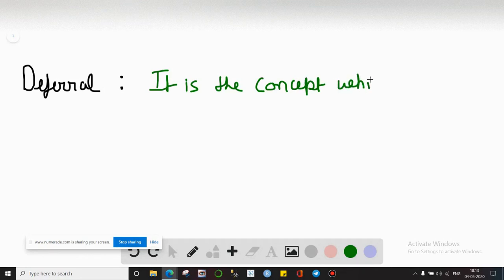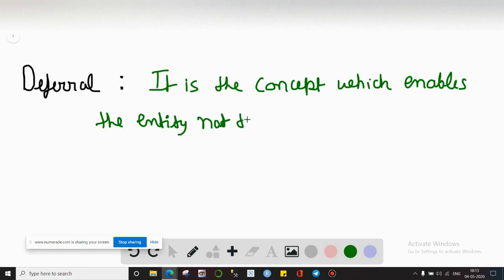which enables the entity not to record the transaction. Okay.